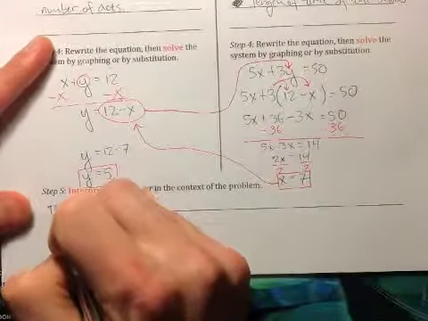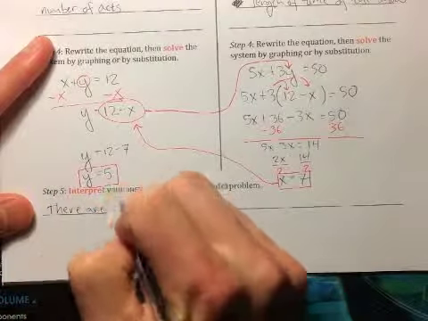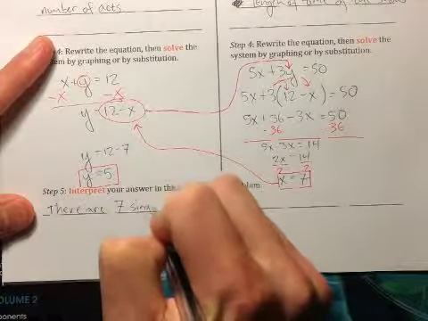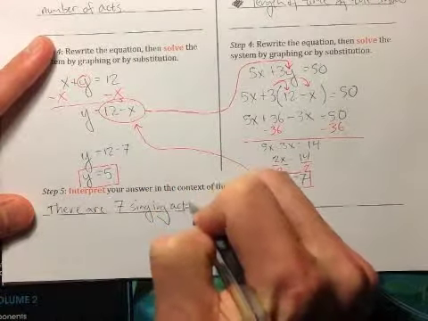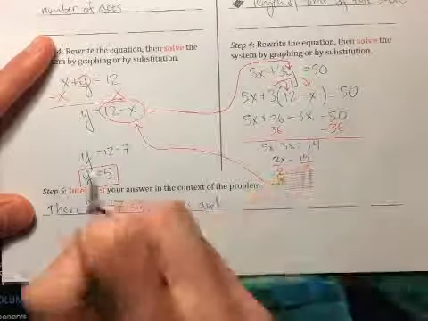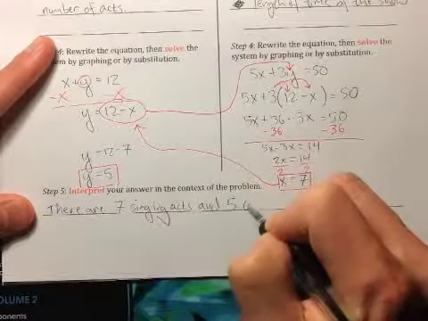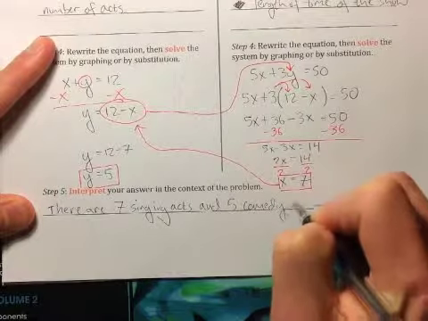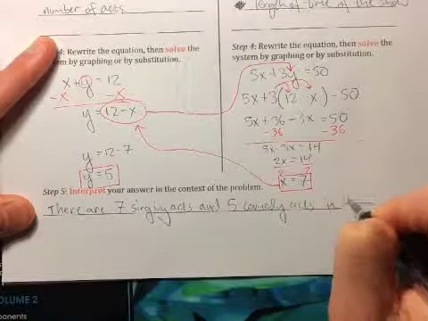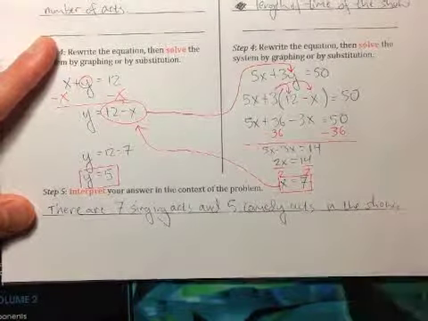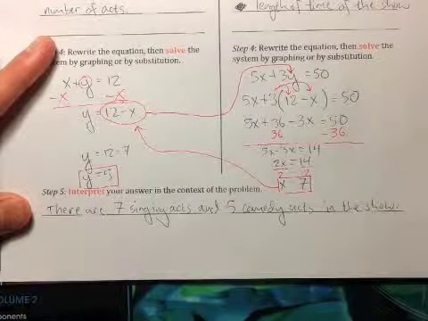So write this out. There are 7 singing acts and 5 comedy acts in the show. All right, and that is it. We are done with this problem.